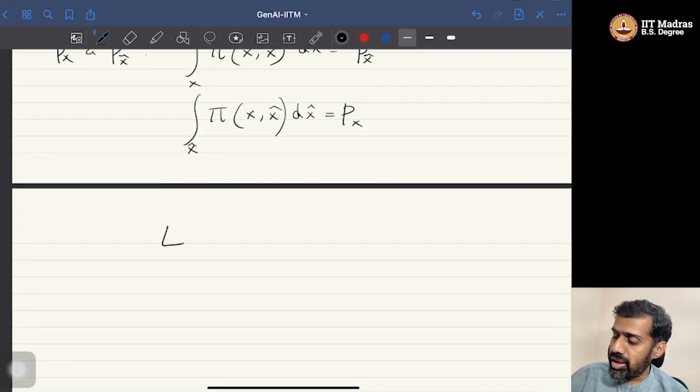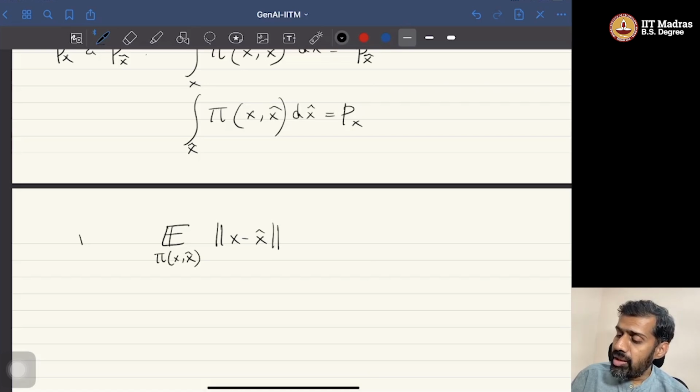So the expectation of the norm of x minus x cap, and the expectation is computed over the joint distribution. So we know that this will give you the average work done by a transport plan.